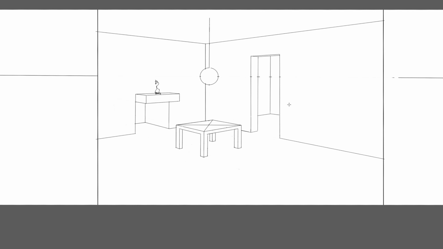Okay. Get that stuff later. Okay, so the globe light hanging in the middle, right? And kind of see the corner of the room a little bit past that. Looks pretty good there.